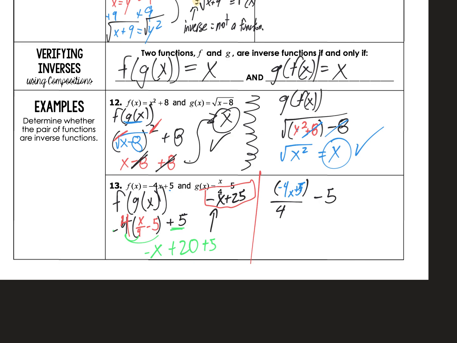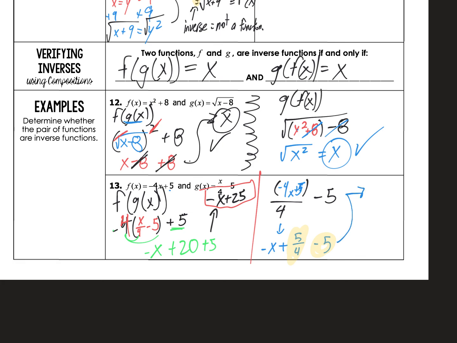They do not, because they are locked up over this 4. So if you start simplifying this part, you're going to get negative x plus 5 over 4 minus 5. And you're like, wait a minute, these two do not actually match up, do they? And I keep getting some weird nonsense like this.